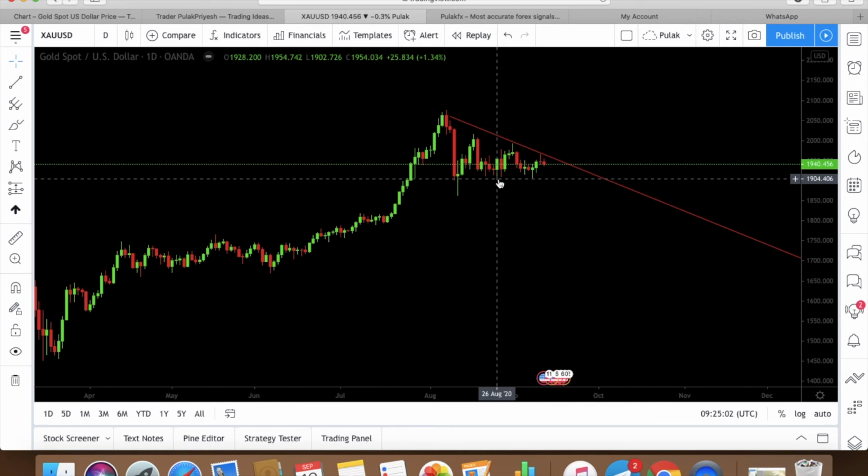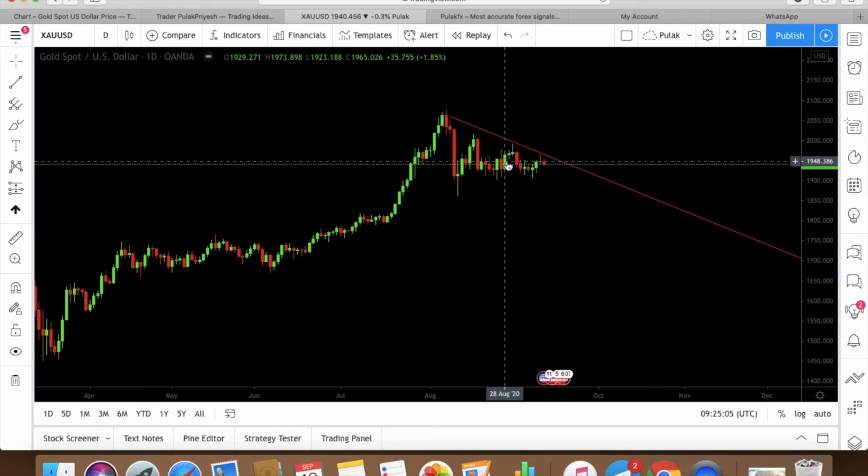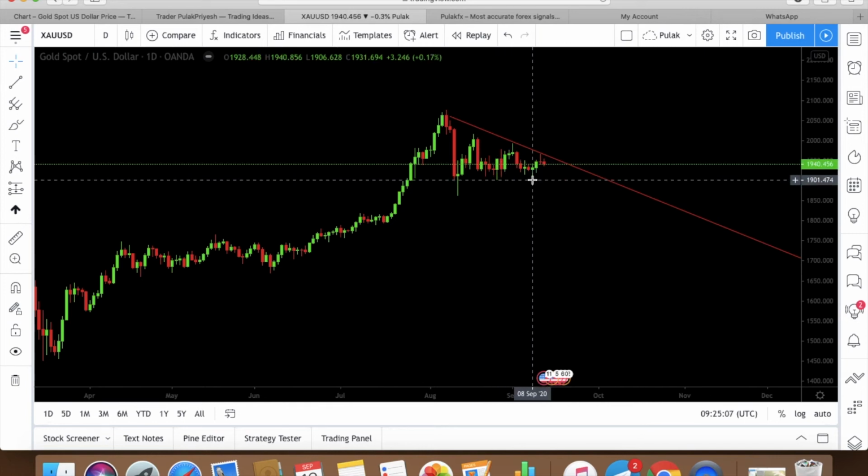Previously, on 26th August it reversed back from this support line. Here also, on 8th September it reversed back from the 1906 level. So this is forming a major support line over here.